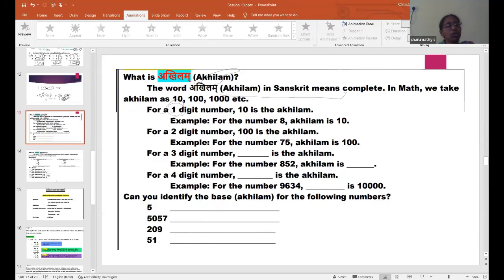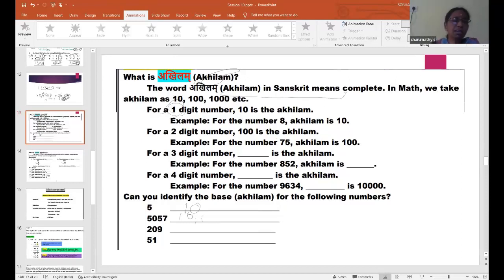Now, when you look at these numbers which we have given, can you identify the base for the following numbers? For 5, what is the base or what is the Aquilam? 10. 10, right? Because it is a one-digit number. For 5,057, what is the Aquilam? 10,000. Yes.